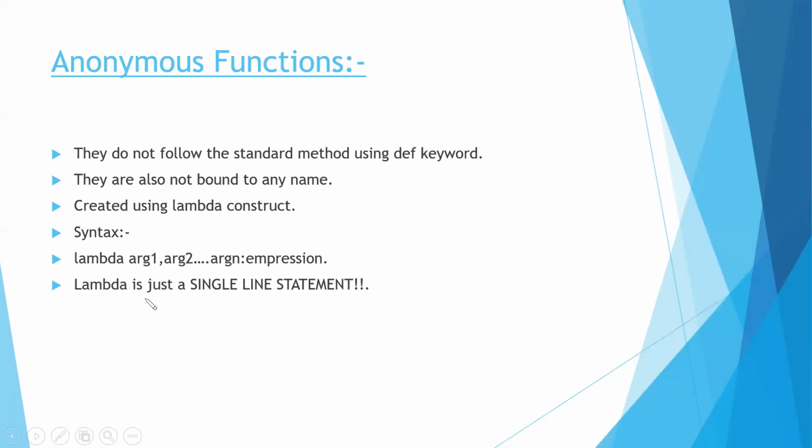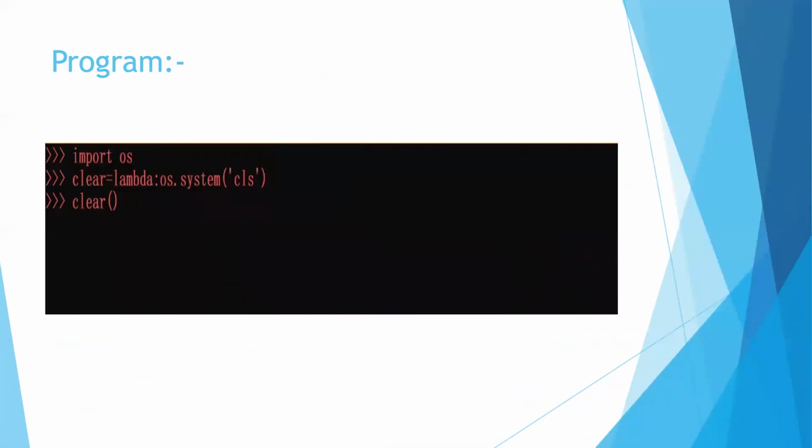We're going to see how it works by example. Lambda is just like a single-line statement. If you have visited C or C++, mainly C++, you would have learned something about inline functions. It's something similar to that.